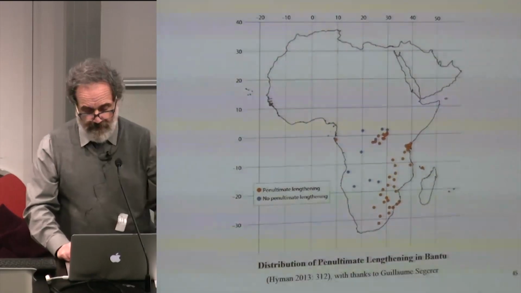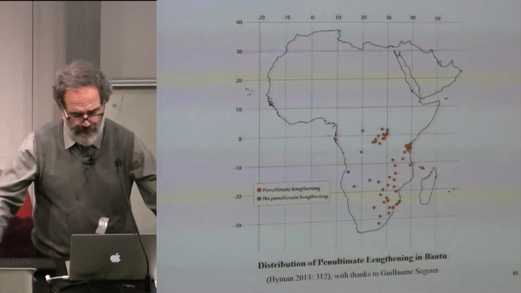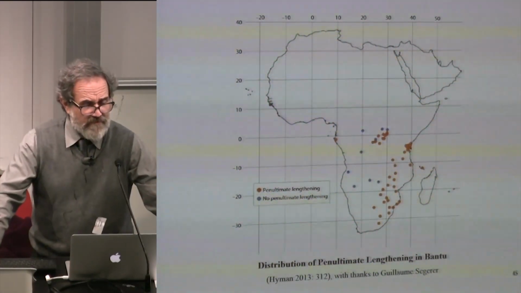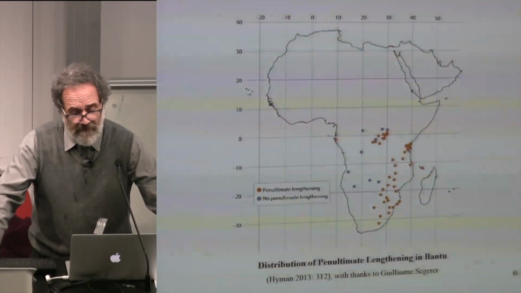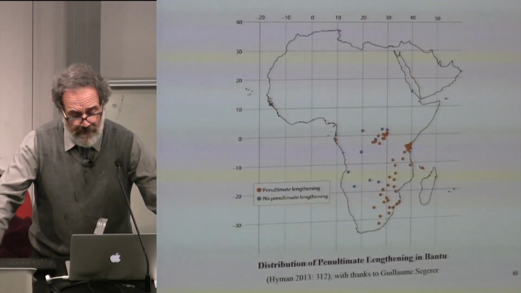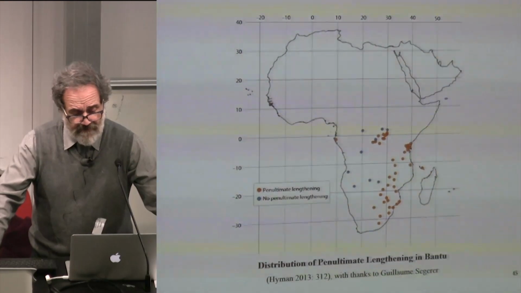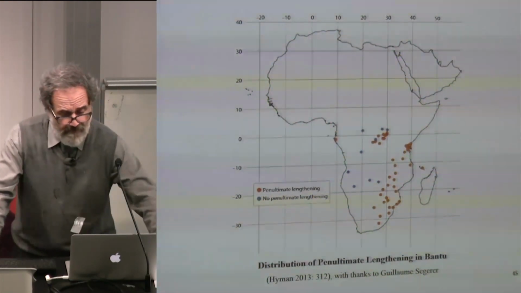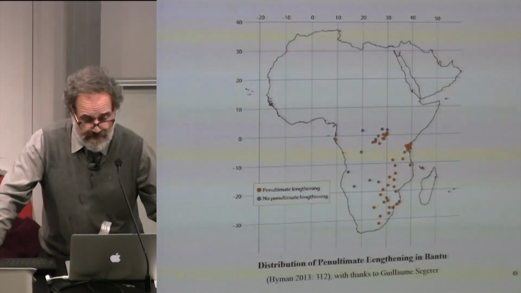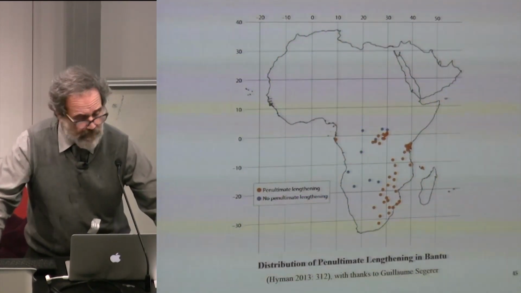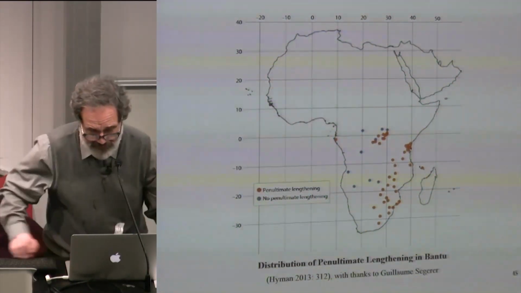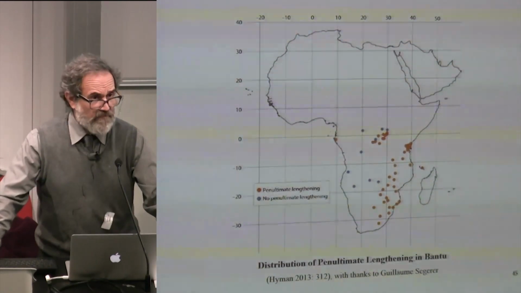Here is a map of the roughly 100 languages I surveyed for penultimate length, the languages which had lost the vowel length contrast. And a lot of the blanks are either languages I didn't survey, but a lot of them have the contrast still, so they're irrelevant. You can see that the orange ones are the ones that have introduced penultimate lengthening.